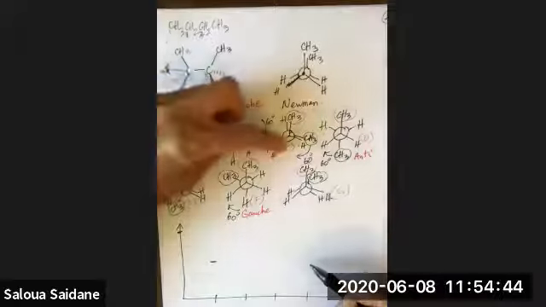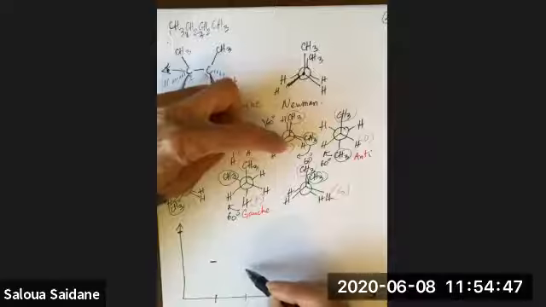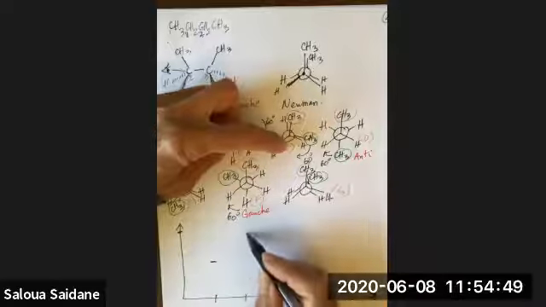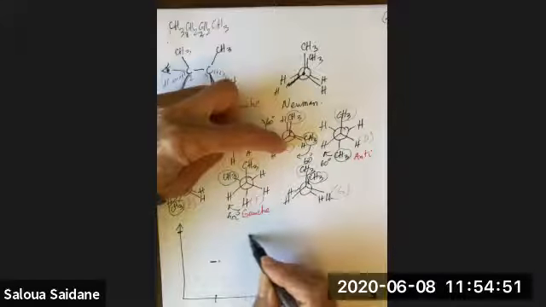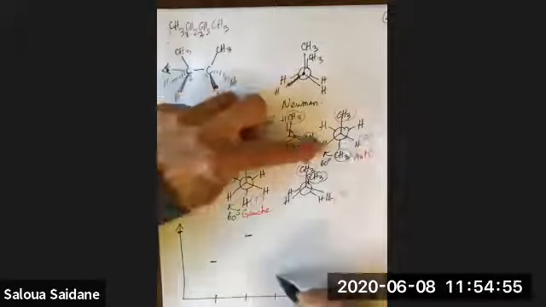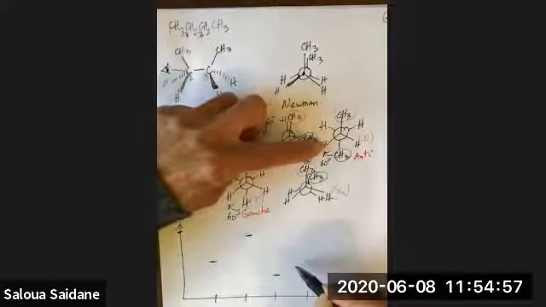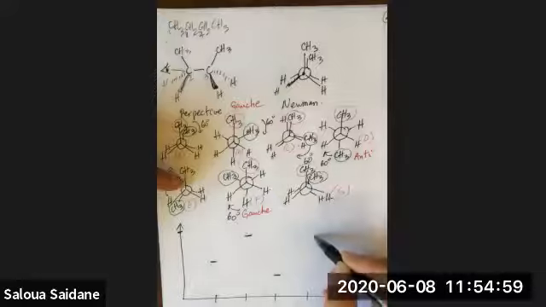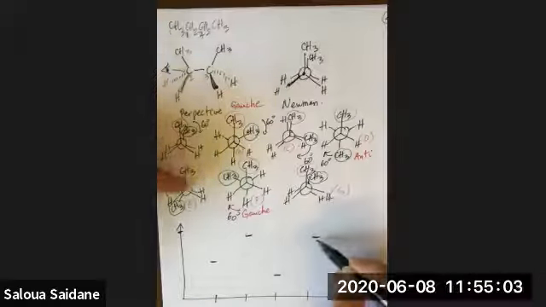And also then an eclipsed, which is really unstable, but it's better than what I started with. Then we have, this is the anti, which is the most stable of them all. Then the eclipsed, which is this one, kind of more stable than the original one.